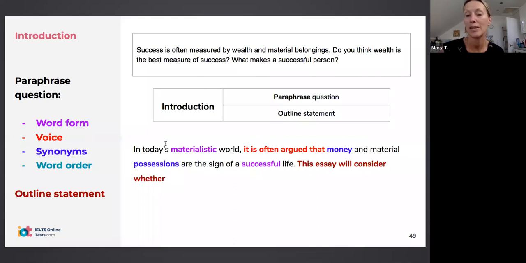Okay, so you can use whether twice, so it links the 2 questions. So this essay will consider whether being what? Being rich, yeah, or wealthy. Yeah, so wealthy is the word we're looking for. Rich is the same, and that's just using a synonym. Whether being wealthy really is the best.